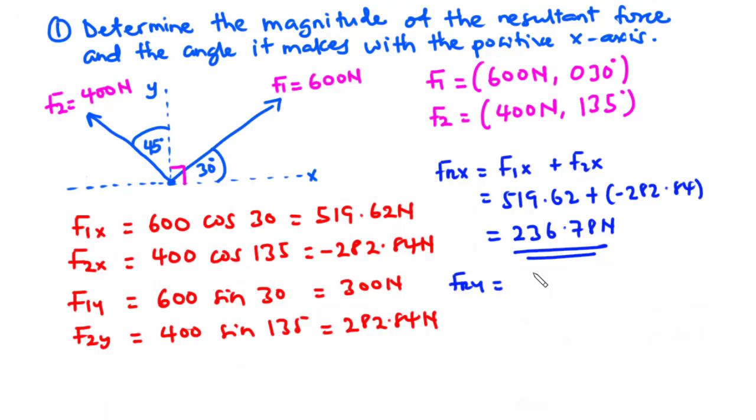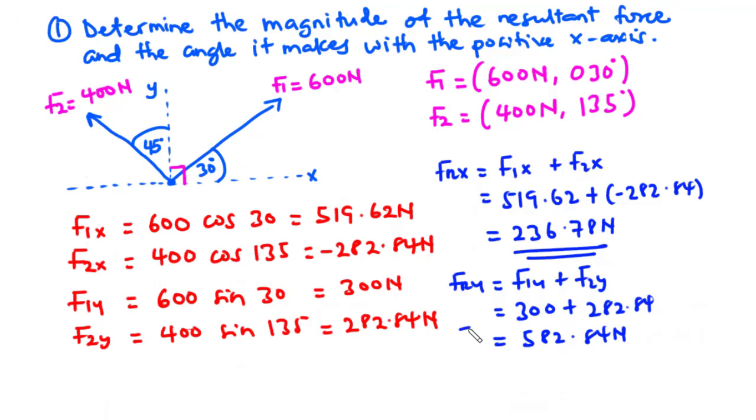Fry is equal to F1y plus F2y. F1y is 300 newtons, and F2y is 282.84 newtons. When we add them, we get 582.84 newtons. So that is for Fry.